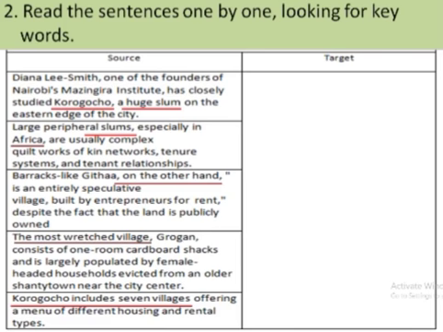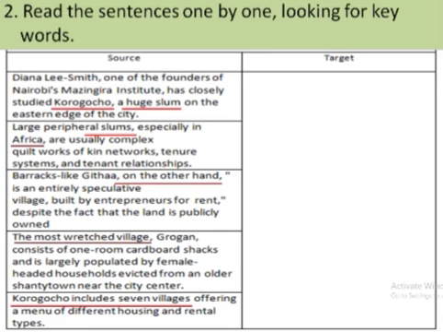It tells us that this paragraph cannot be the first paragraph, because on the other hand has to have something which was discussed before this, then it comes. So it's a very important key phrase. Is an entirely speculative village built by entrepreneurs for rent, despite the fact that the land is publicly owned.